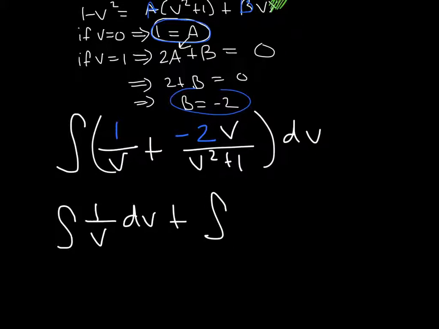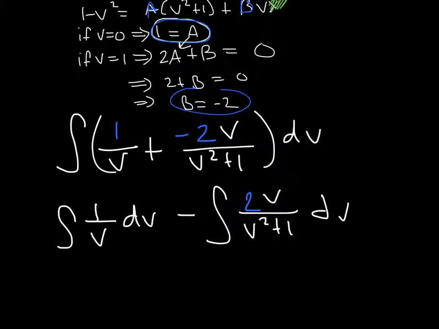I can write the minus 2 out, and I actually do want to keep my 2 out, and you'll see why. I get the integral of 1 over v, minus the integral of 2v over v squared plus 1 dv.